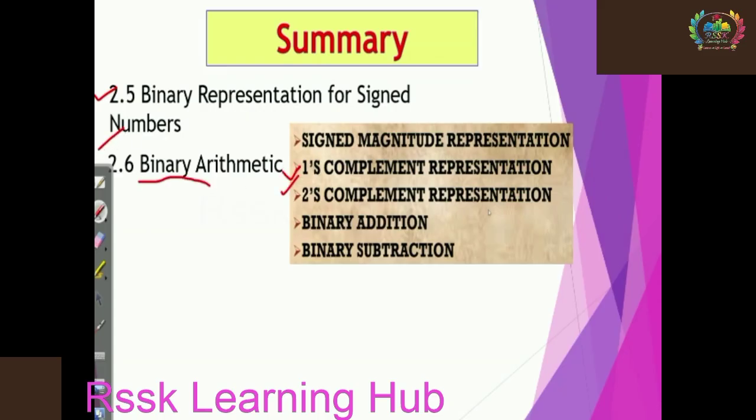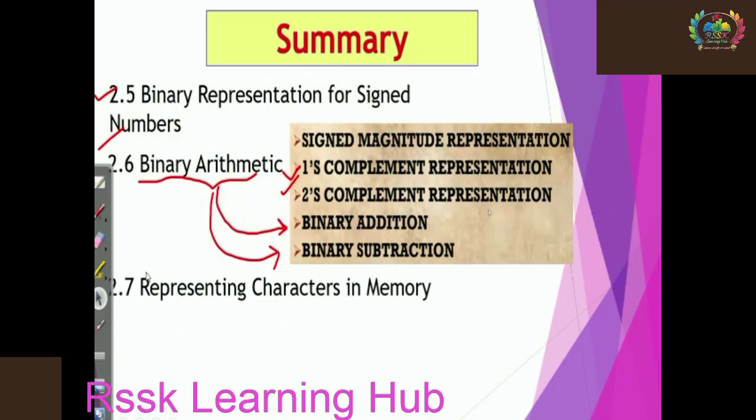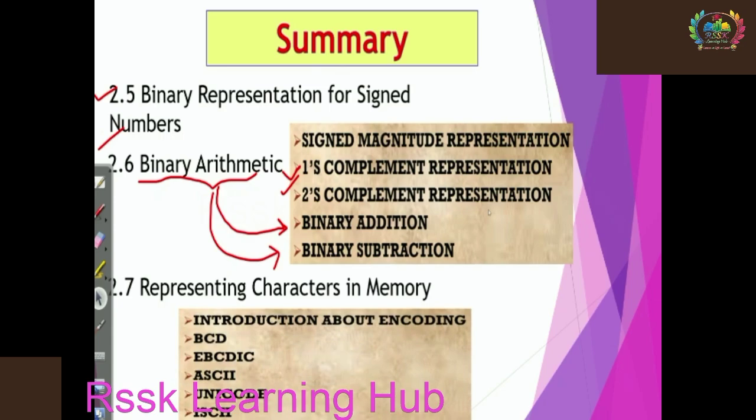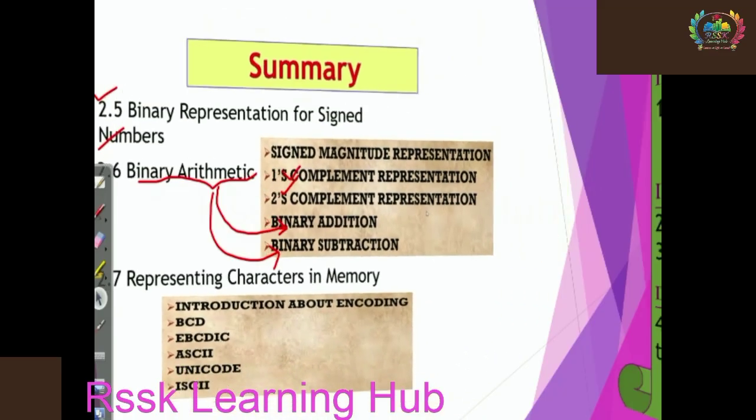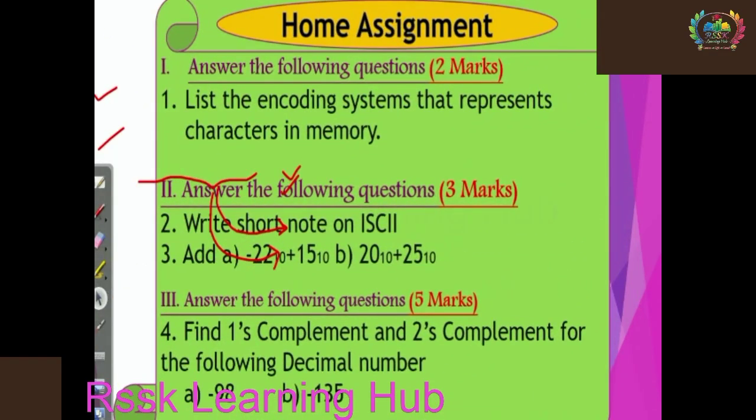Coming to binary arithmetic, you will have binary addition and binary subtraction methods. And next we saw how to represent characters in memory. Under that, we saw BCD, EBCDIC, ASCII, Unicode, and ISCII.